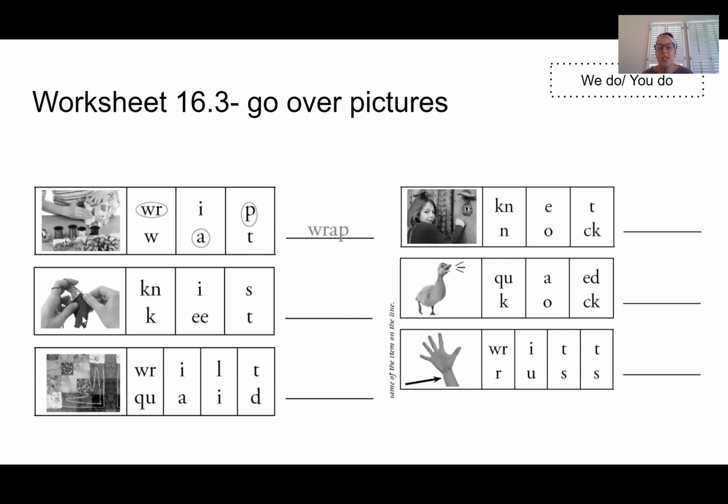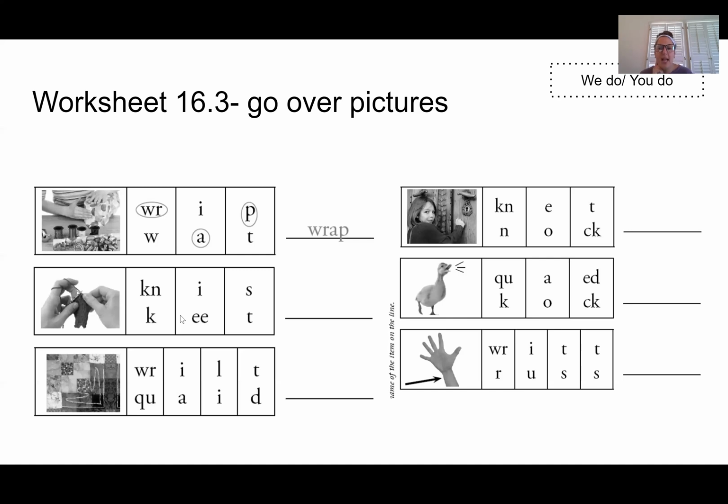This was the picture knit. Everyone say knit. Very good. Now, same thing we did up here. We have to figure out what letters make the sound I hear at the beginning. What 2 letters go together to make the sound? Very good. It is KN. So then you would take your pencil and circle it.